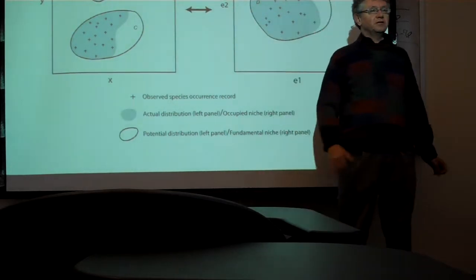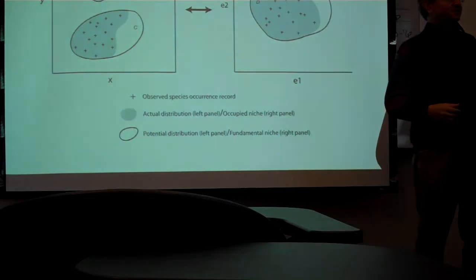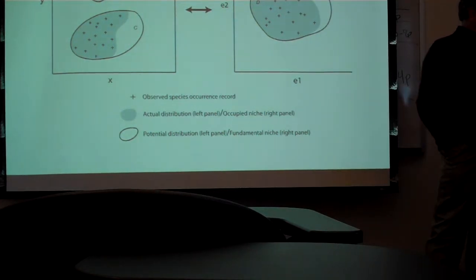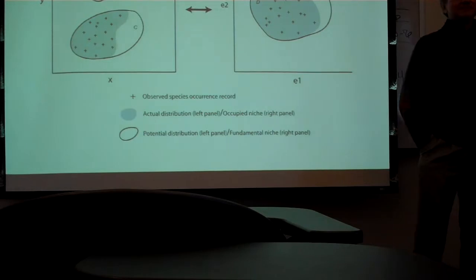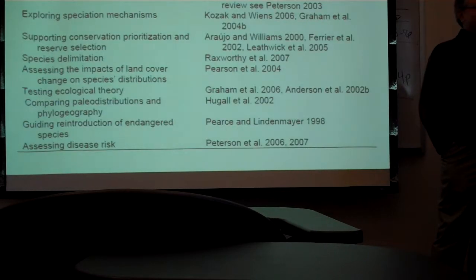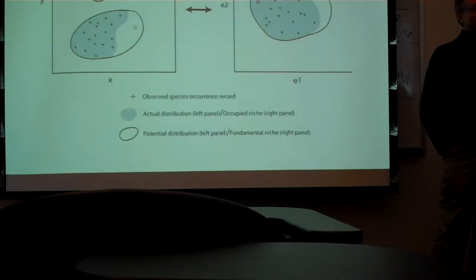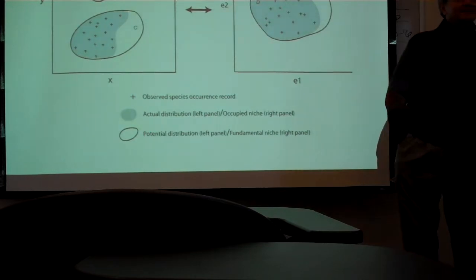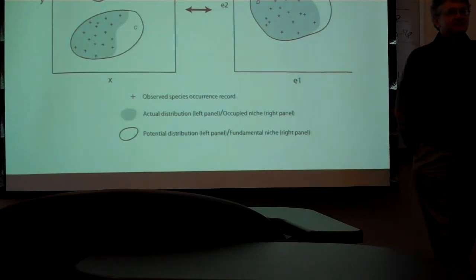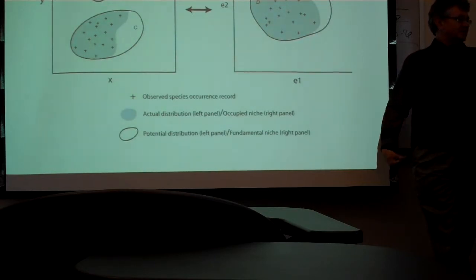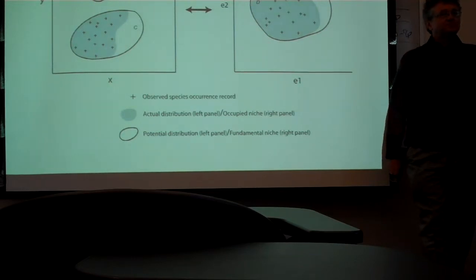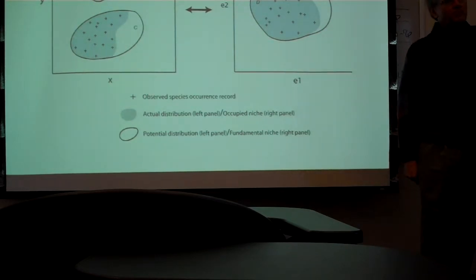Certainly not described in the reviews that I've been reading through. So that's an interesting opportunity there. Yeah. Maybe you're going to explain this more, but I don't quite understand the potential distribution. It seems like a lot of that would be just because we don't 100% understand what factors are important for the species.